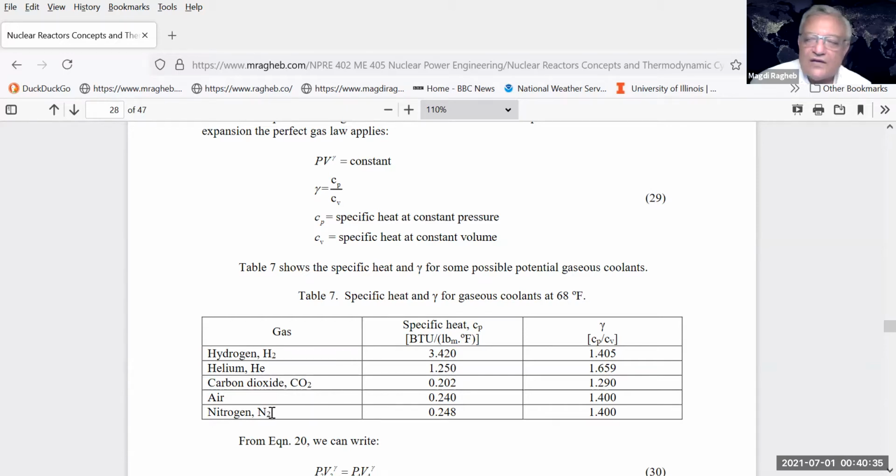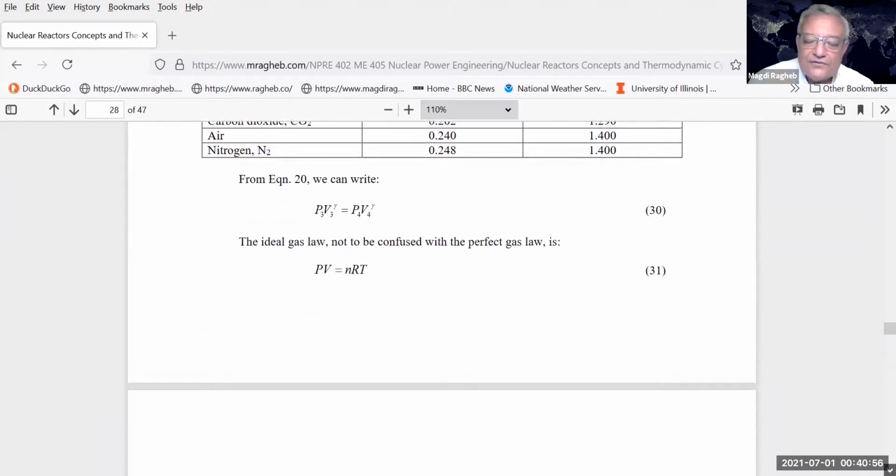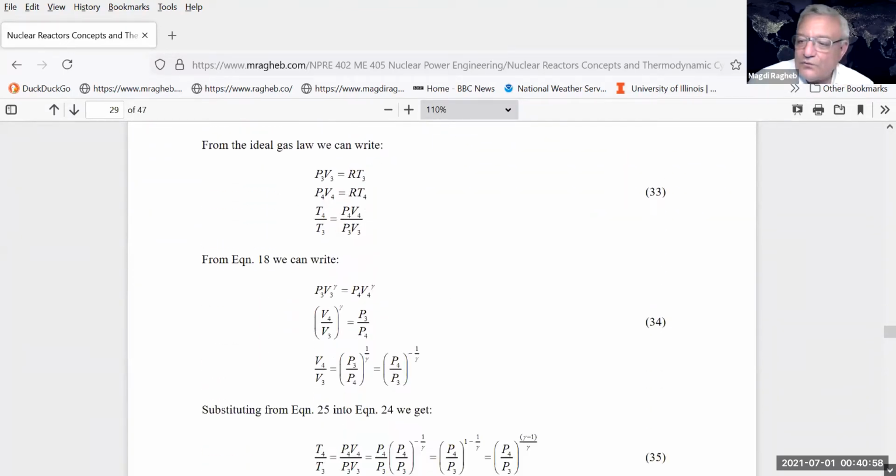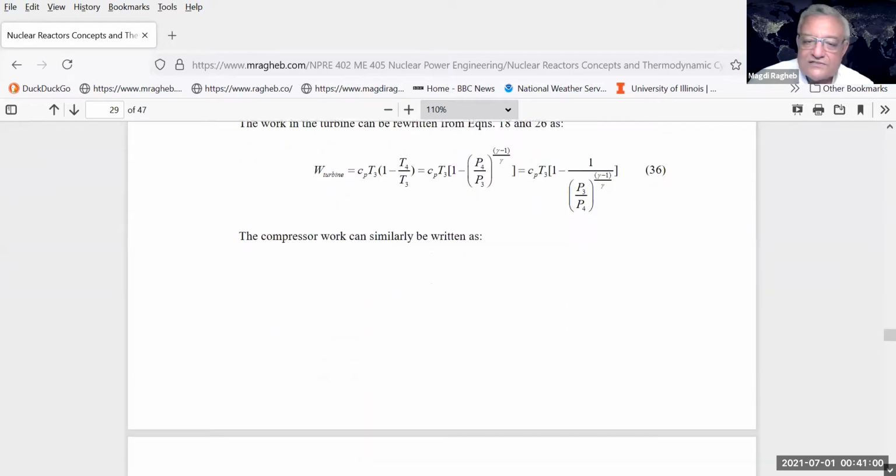And we know that the air we breathe is 70% nitrogen. If you can allow oxygen to get into your device, which would cause corrosion, you can simply use air as a coolant. The specific heat is not much different from nitrogen because nitrogen is really 70% of the air we breathe. The equations are listed here archivally.